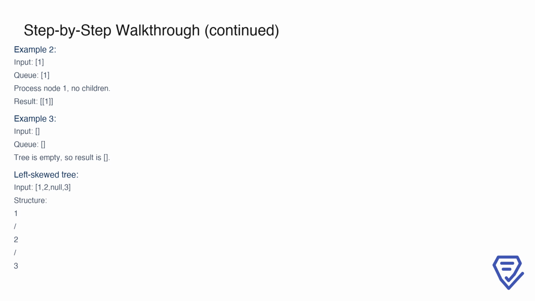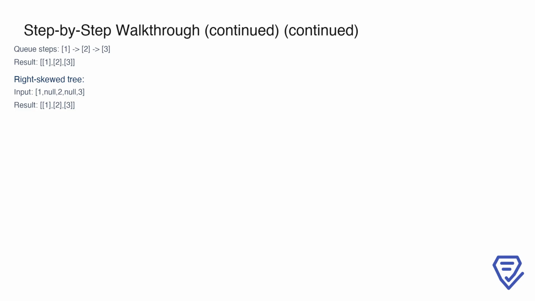Traversal proceeds from 1 to 2 to 3, resulting in [[1], [2], [3]], with each value on its own level. Similarly, for a right-skewed tree, the process is the same, resulting in each value occupying a separate level. These scenarios highlight how the algorithm robustly handles all edge cases and unusual tree shapes.